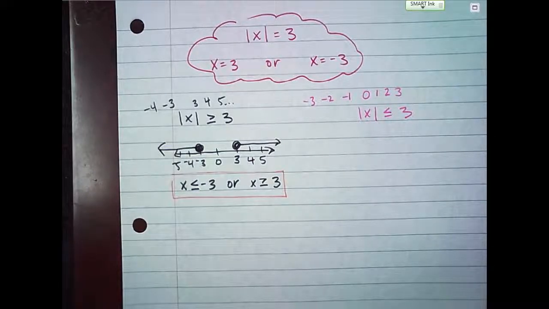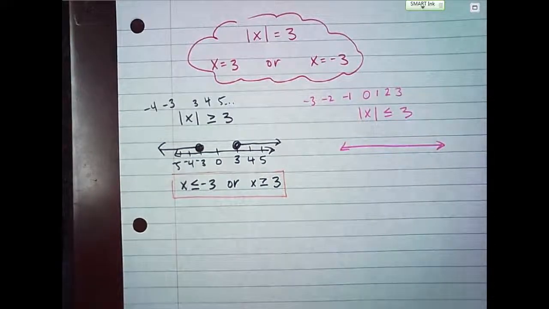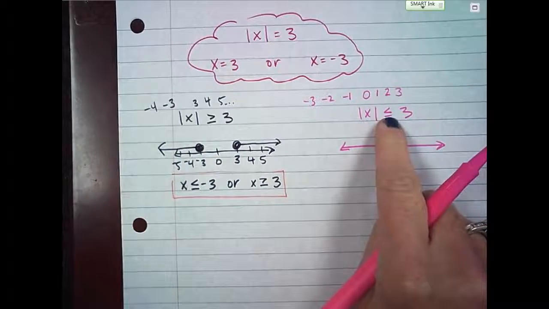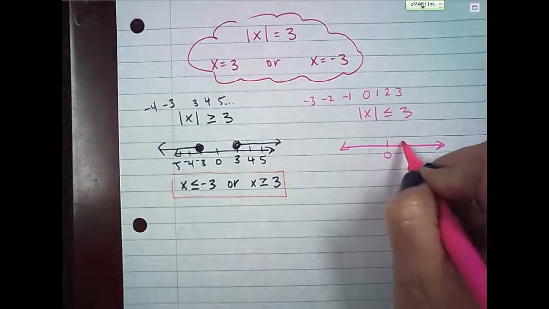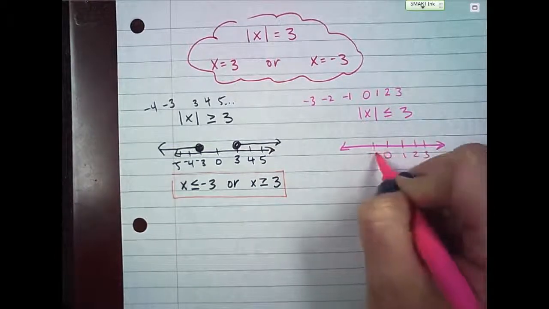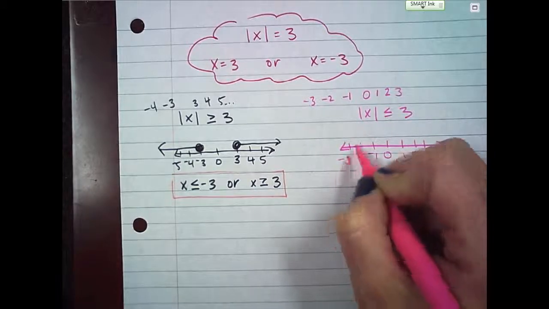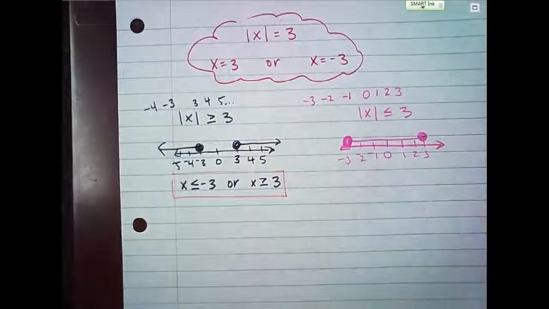Okay. Now, let's draw a number line. And what's going to happen is when you have a less than symbol, that's what your number line is going to look like. Put your 0 in, and I went 1, 2, 3, right? Negative 1, negative 2, negative 3, and so forth. And these numbers are equal, so only this window of numbers worked.